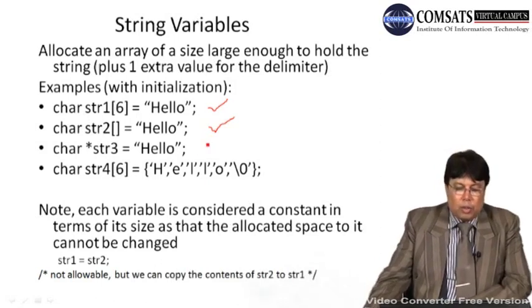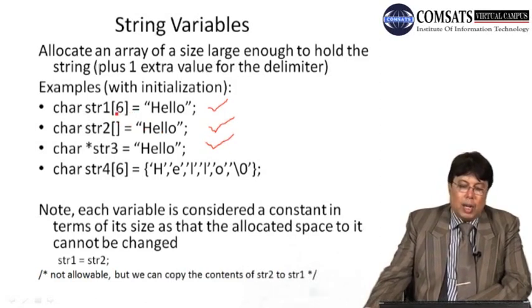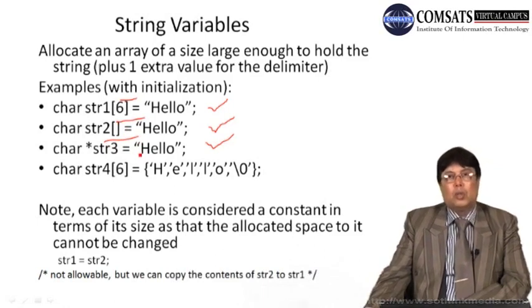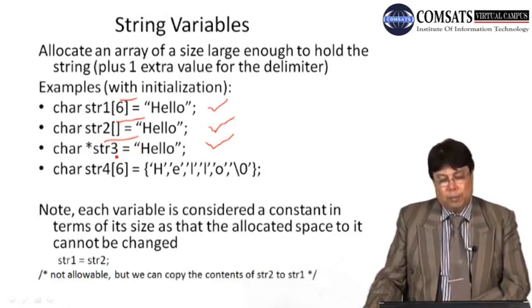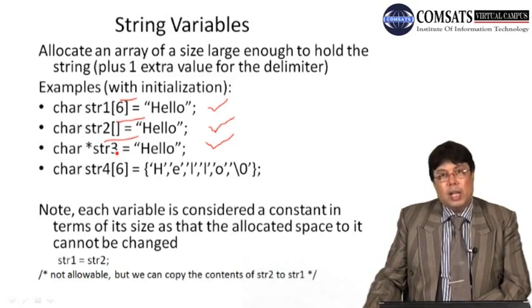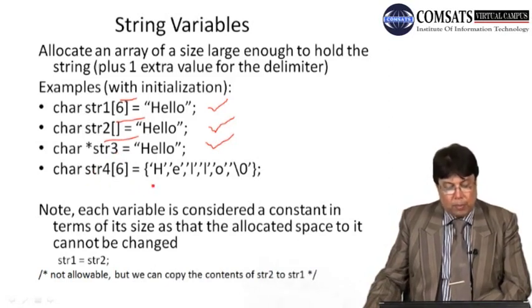We defined a third string, str3. This is not an array. Difference क्या है? Here we have defined the size. Here the system has computed the size itself, and here we have defined a pointer to a string. String 3 is a pointer to a string, and string 4, once again it is hello.